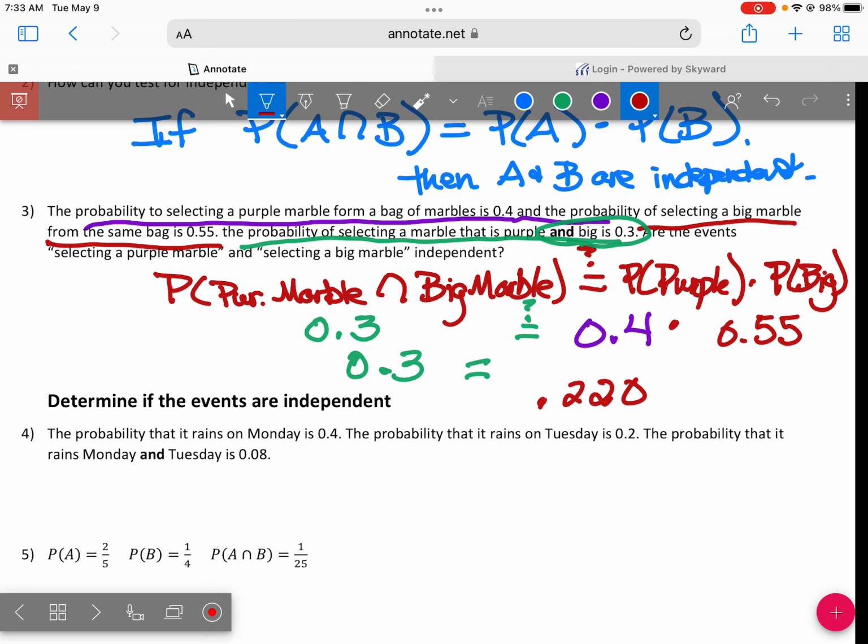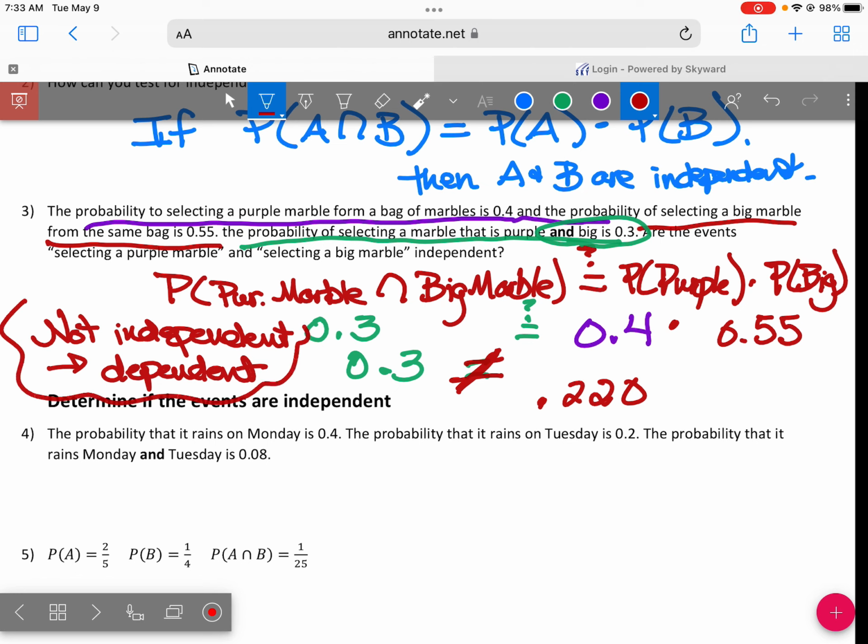Yeah, 0.22 or 0.220. Those are not equal. So these are not independent, or they are dependent on each other.